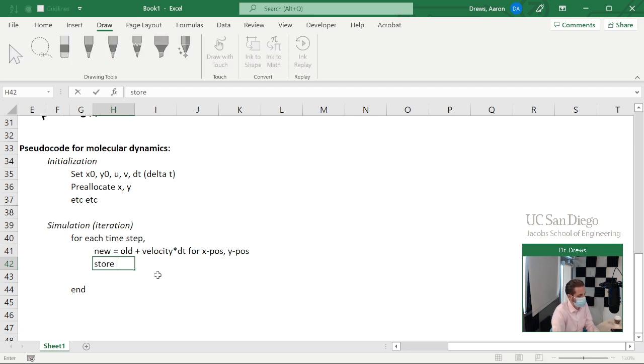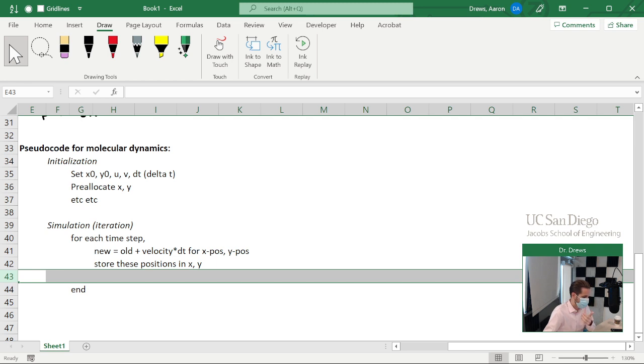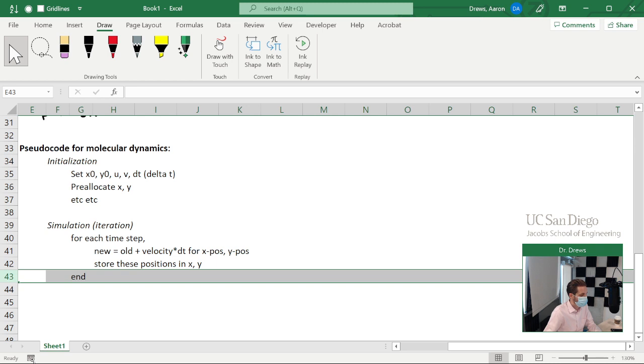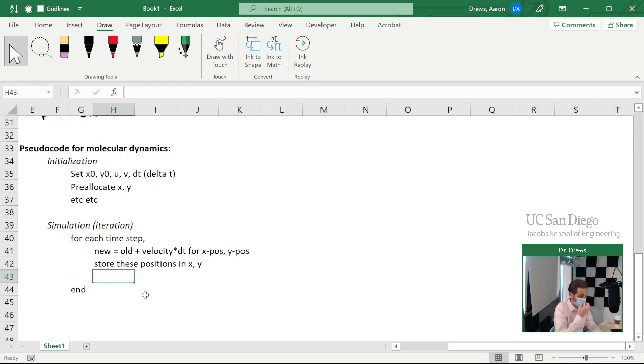And then we have to store these positions in x and y. That's the basic step of our simulation: calculate the new positions based on the old positions and then store those in our vectors x and y. One thing that we're going to have to do in the future, which we're not going to probably have time to do today, is in between the calculation and the storage, we have to check for collisions.